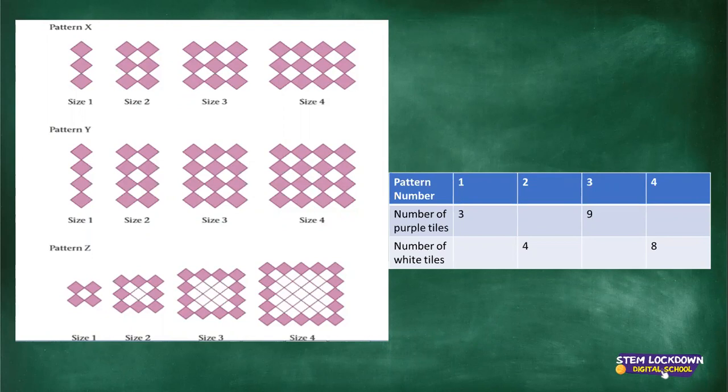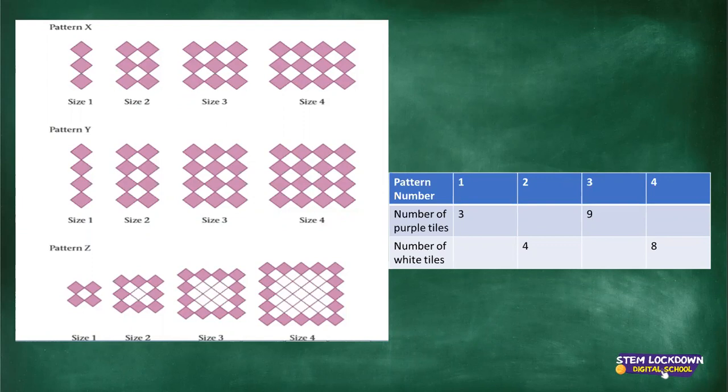On the first size, we have no white tiles. So now we multiply by 2. The first size will be 1 multiplied by 2, because we're using the pattern number. So if we're saying 1 multiplied by 2, that would mean that we have 2 white tiles.